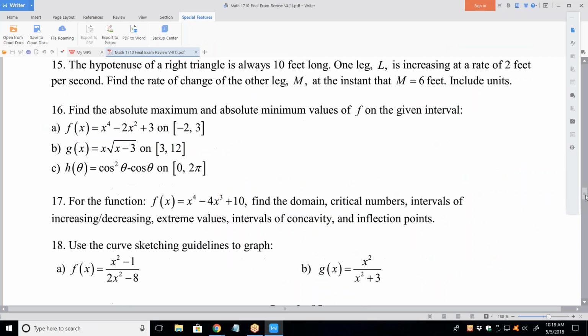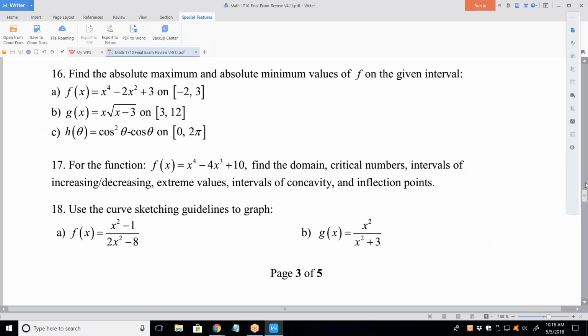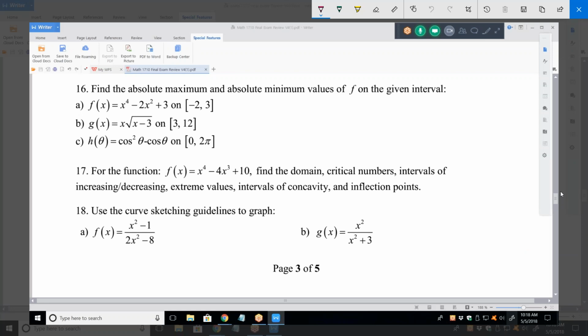16b. Okay, so find the absolute max and minimum.